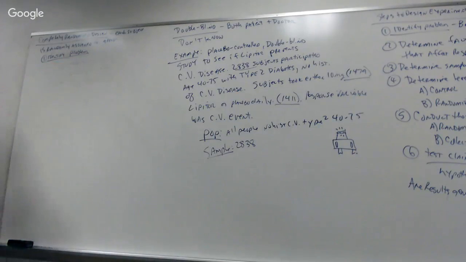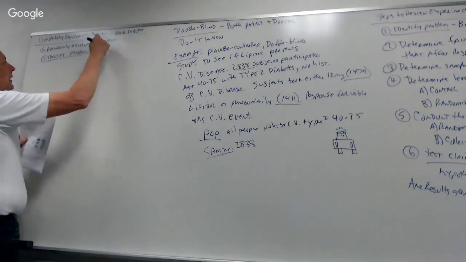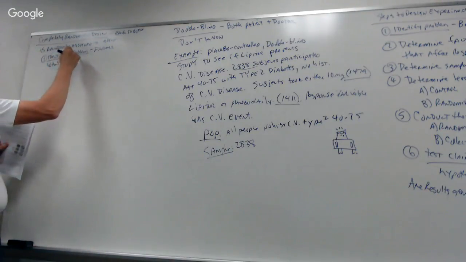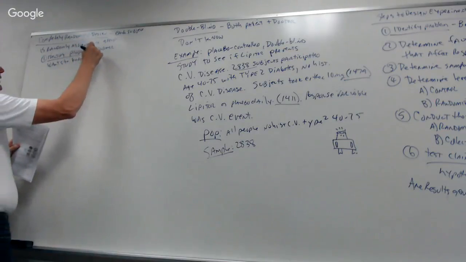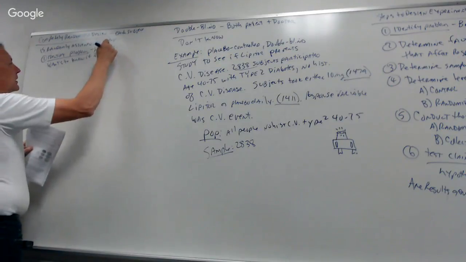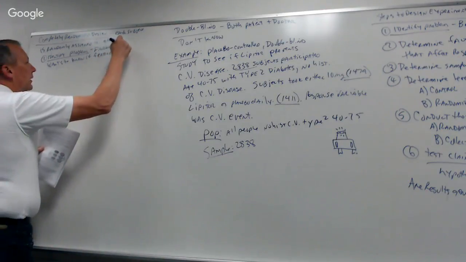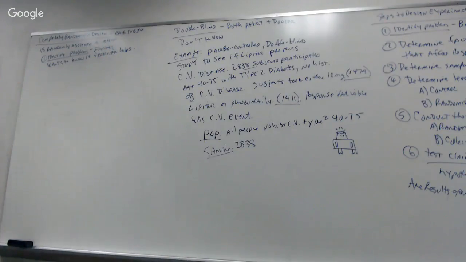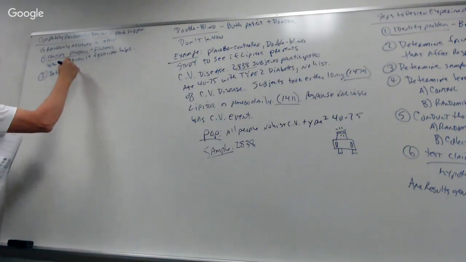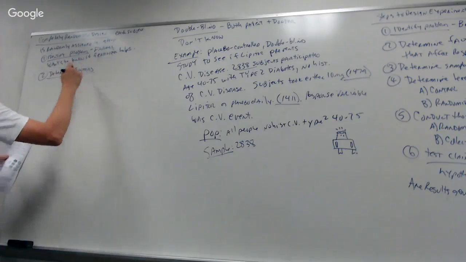So let's say that a farmer wants to know if fertilizer helps his plants grow. So we've identified a problem. Step two says determine the factors that would affect that.